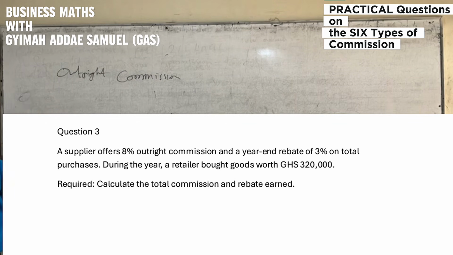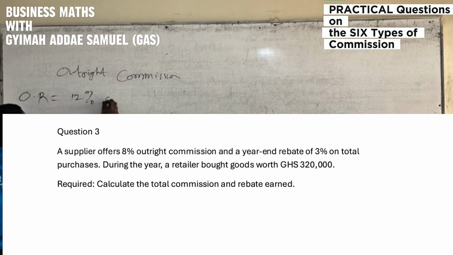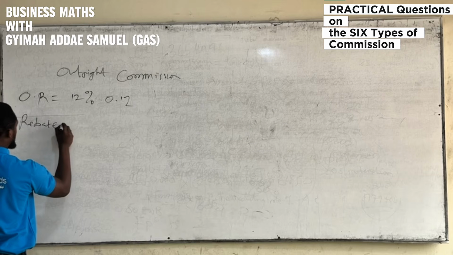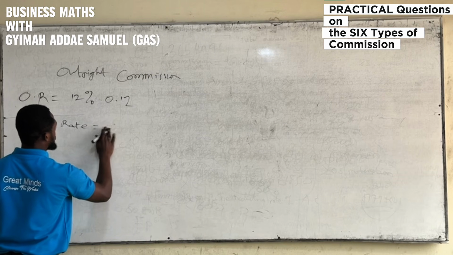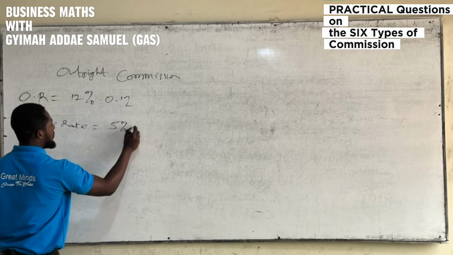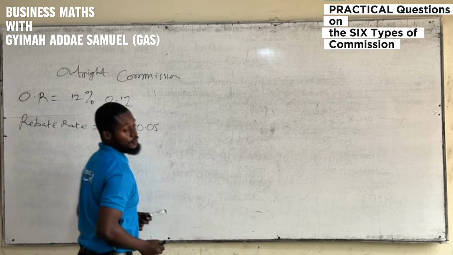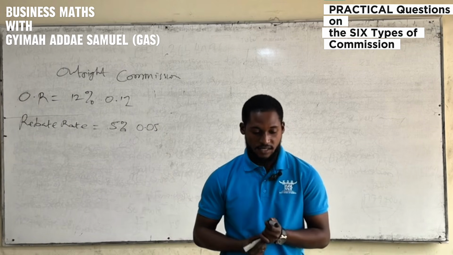So the outright rate, which is the OR, is 12% here. And an additional rebate of 5%. So the rebate rate is 5%, which is 0.05.